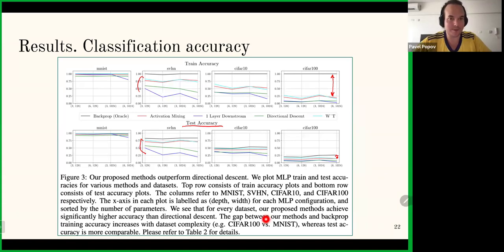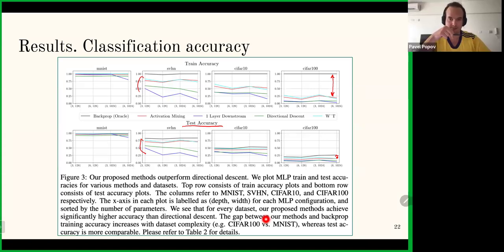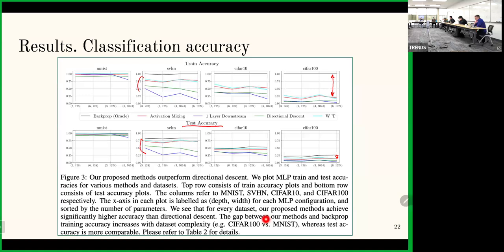This line is almost as good as backpropagation. Oh, I don't see your pointer. Then I can tell you: it is called W transpose. Okay, I found the legend. The W transpose in test accuracy is as good as backprop oracle.